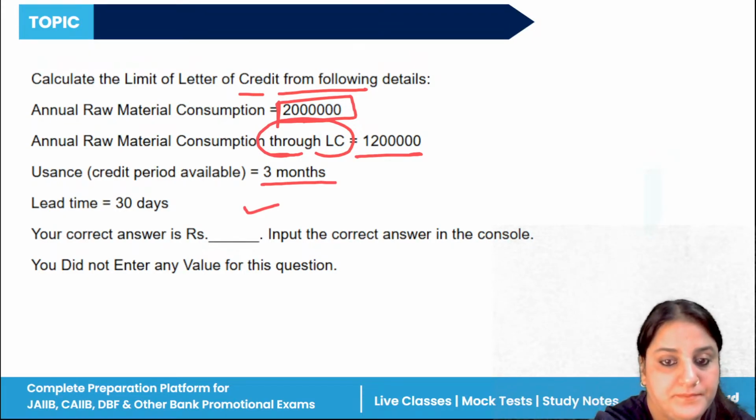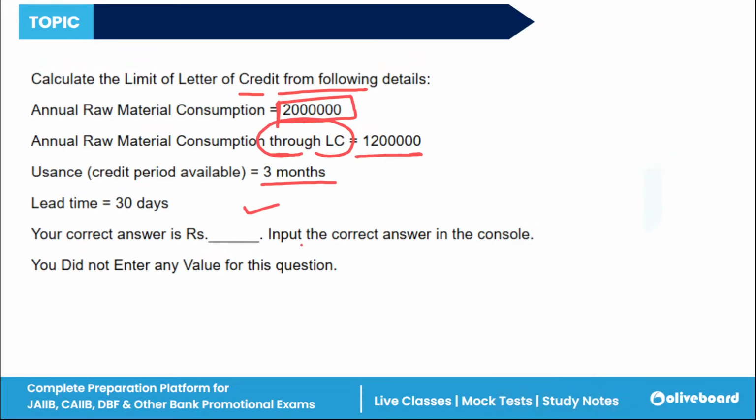See how to calculate the question here. Simply here I can say that the LC limit can be calculated based on the raw material consumption. Okay, and in usance level, basically due date is later.